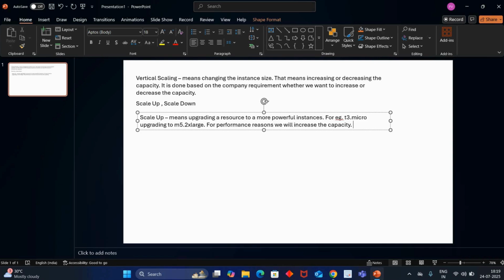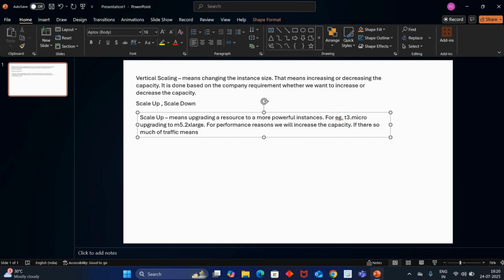And if there is so much traffic, then a performance issue may occur, right?